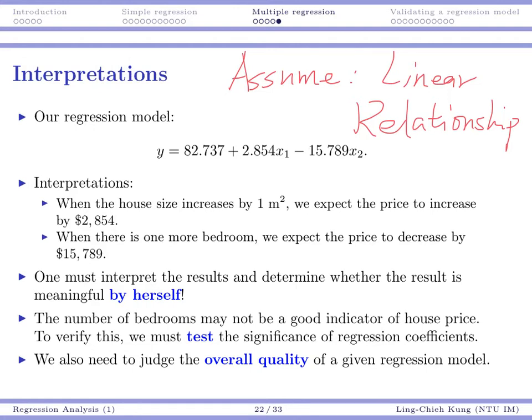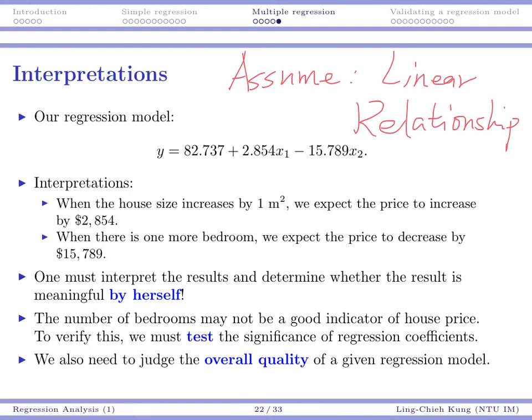But if we think about it more thoroughly, it may be nonlinear, right? When you have no bedroom, having 1 more is good. Having 1 additional one is good. But when you already have 2 bedrooms, then having 3, 4, 5, 6, 7, 8, 9, 10, at some point, the value of that house is going to decrease when you have 1 more bedroom. So we probably should not say that the number of bedrooms and the price have a linear relationship. And if this assumption itself is wrong, then of course this coefficient is not going to be so meaningful.